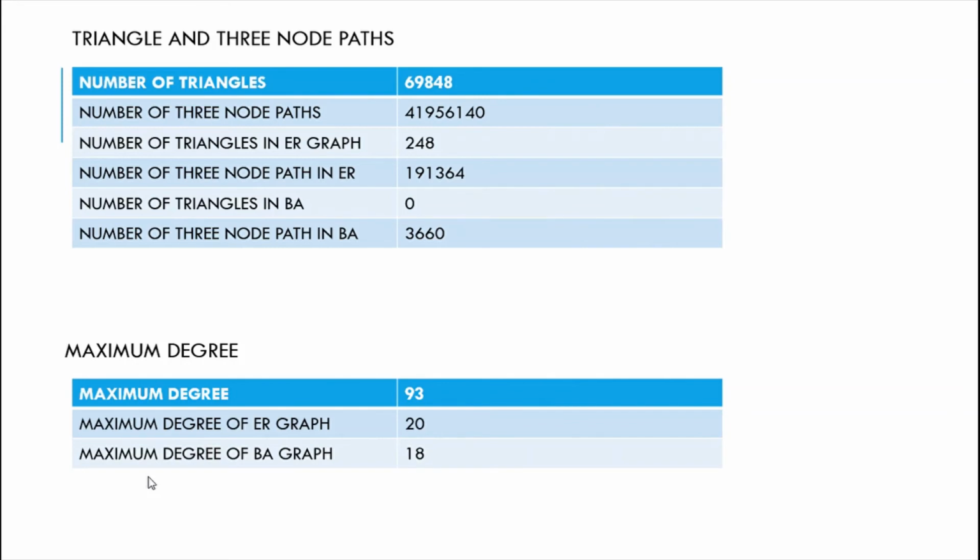Triangles in BA is 0, because this completely depends on the structure that we'll see later. Maximum degree is 93.